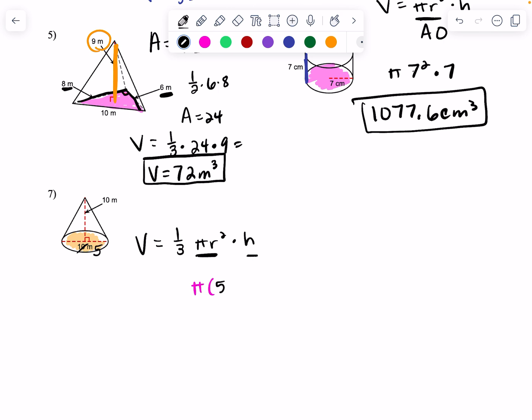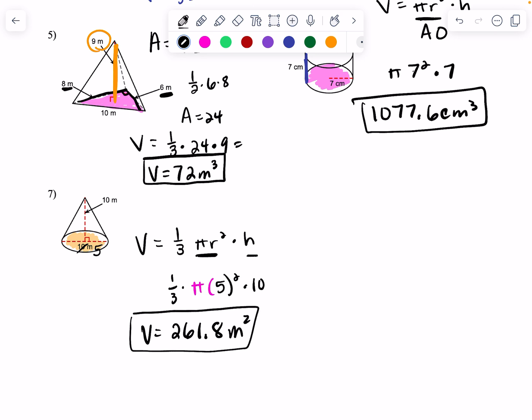So pi times 5 squared, I apologize, times the height of 10, and then times 1/3, okay? So this would give us a volume of 261.8 meters squared. So this would be our final volume right here.